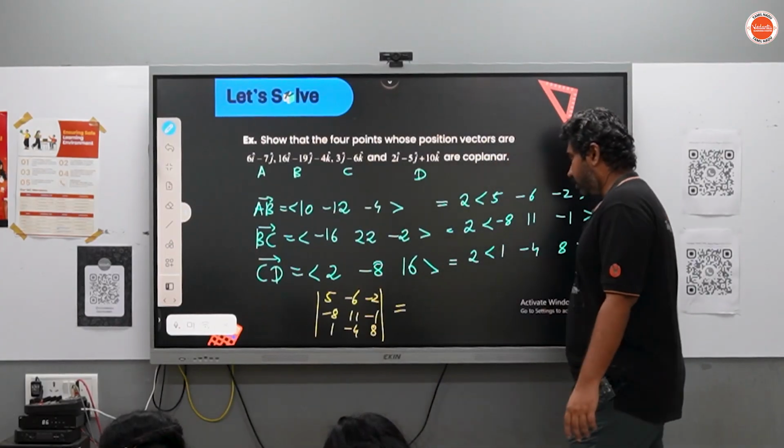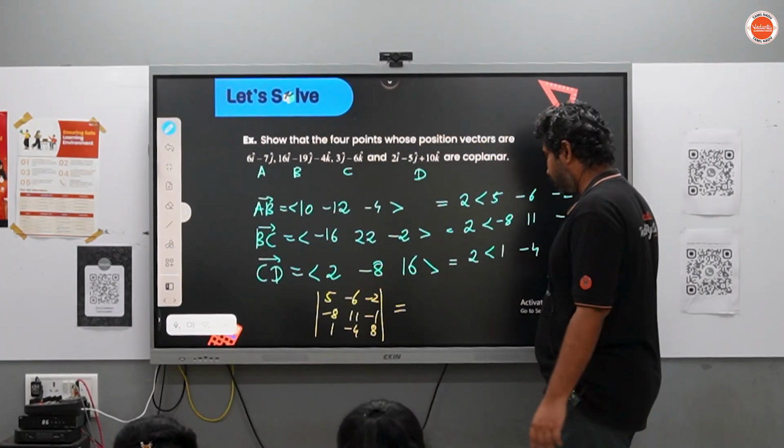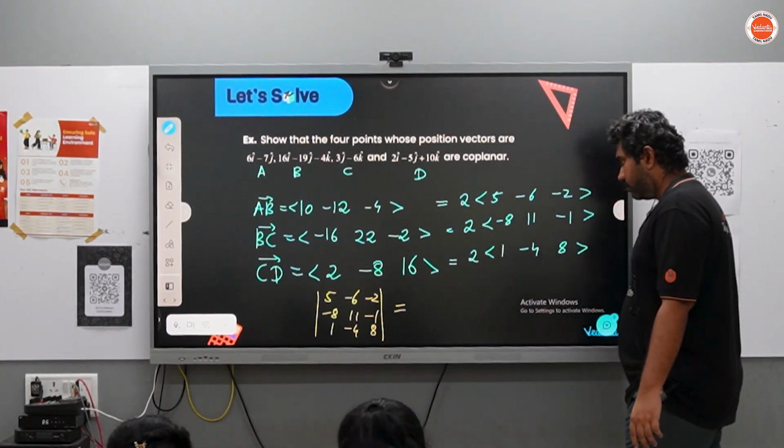So is it becoming 0? Are any columns proportional, any rows proportional?